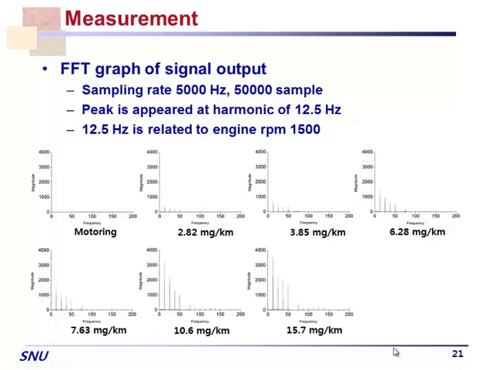If we convert it using the FFT, then we can see some signals on several frequencies. It's not easy to see, but we can see them. So in the motoring state, we don't see anything here. And then if we increase the PM level, then the signal also increases, okay, as you can see here.